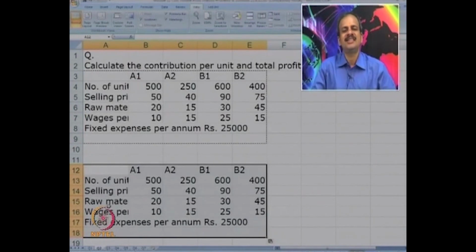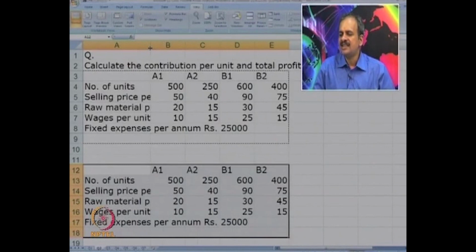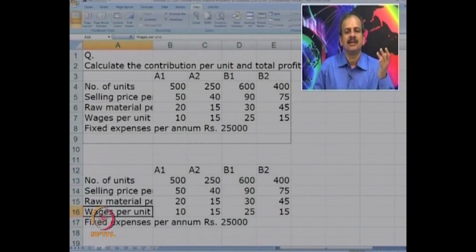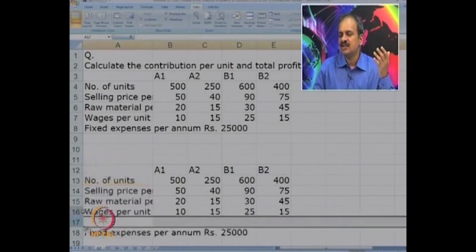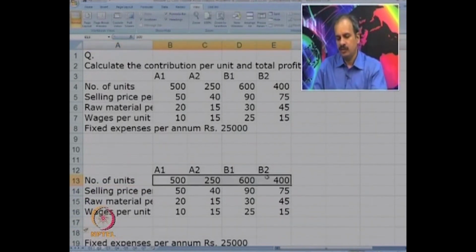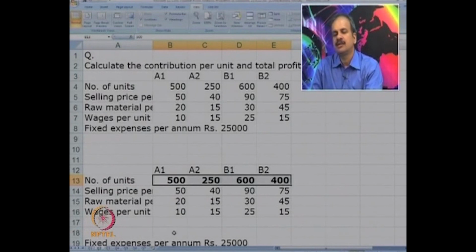Now if you look at this data, you can see that raw material cost and wage cost are going to change with the level of activity. Fixed costs won't change, they will remain constant and they are common in nature. So first of all, for each product we need to calculate the contribution margin.